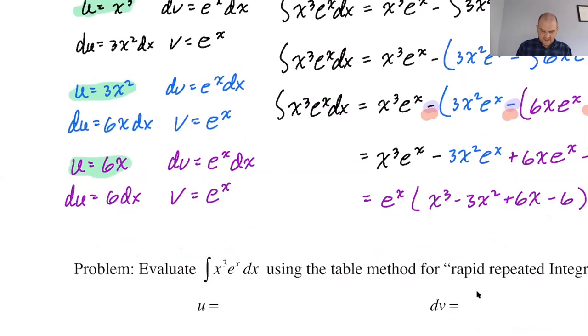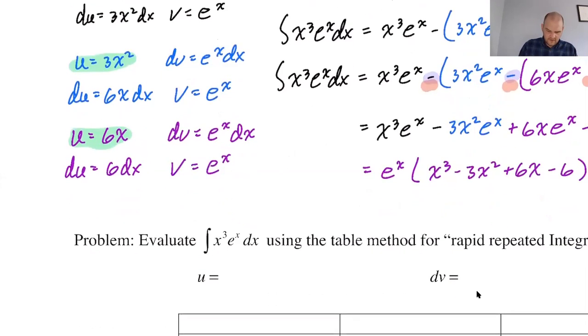And if I took another derivative here, I would have had another u of 6, and then a du would be 0. And on this other side, I would have had another dv of e to the x dx, and another v of e to the x.